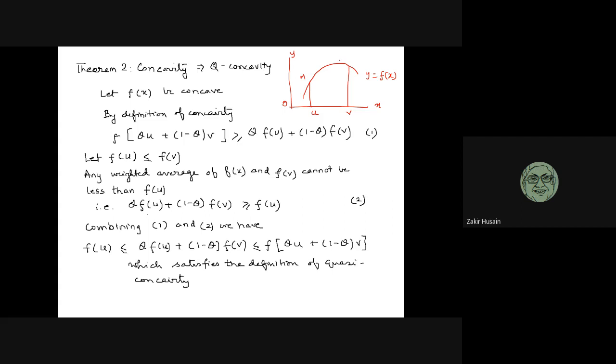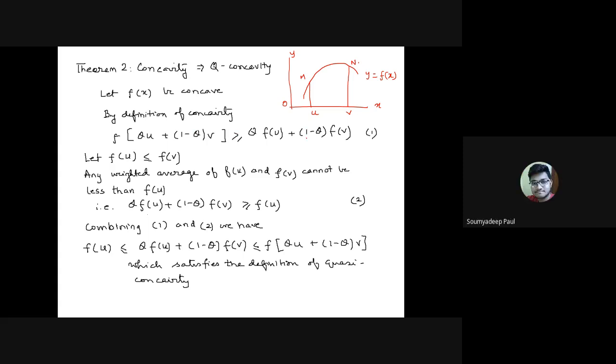So this is m, this is n. So we have a function y equal to f(x), and this is concave. So by the definition of concavity, I'm not going into this. Should I explain this?